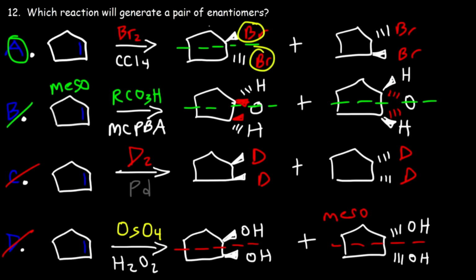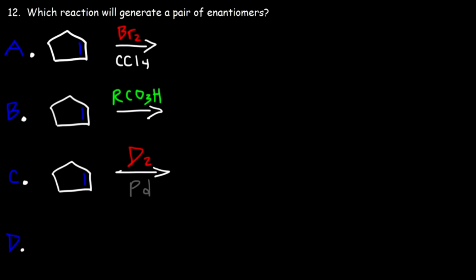Now you might be thinking, well, there's 2 carbons here, only 1 carbon here. But if you draw it carefully, let's say if we draw it this way, the line of symmetry really exists here.